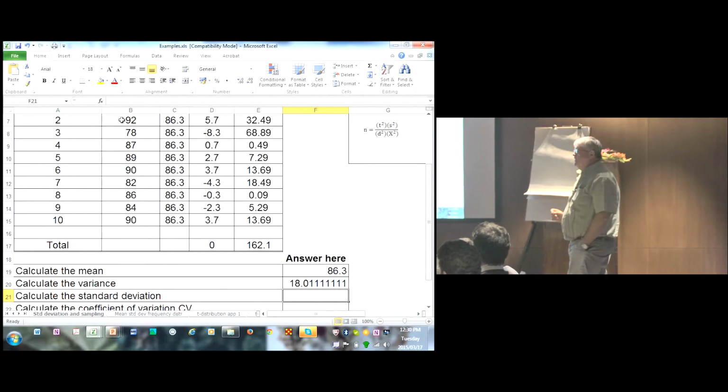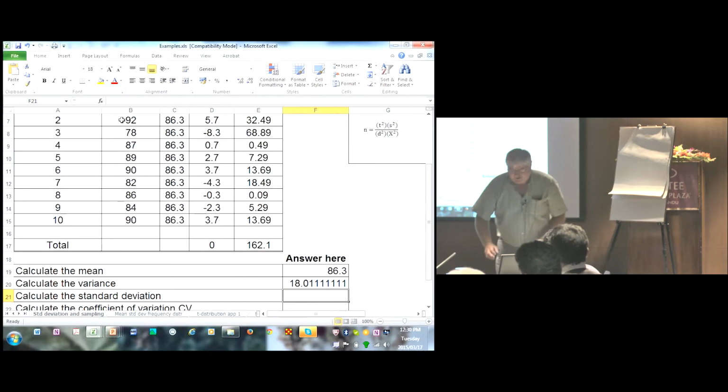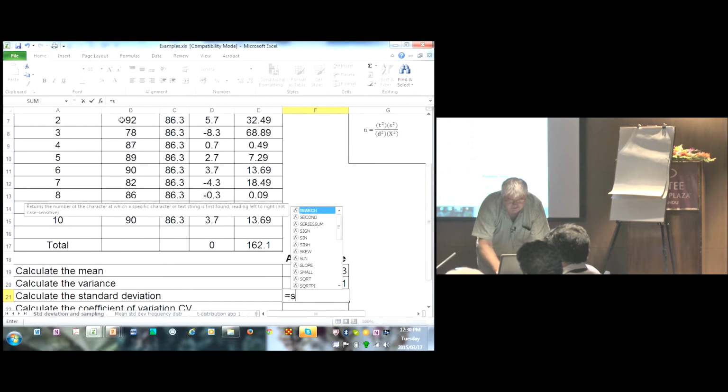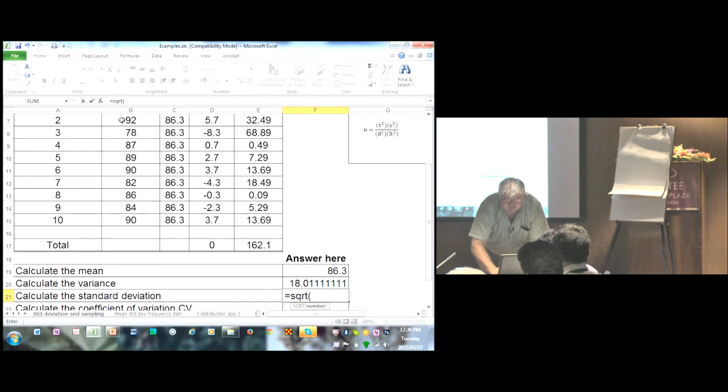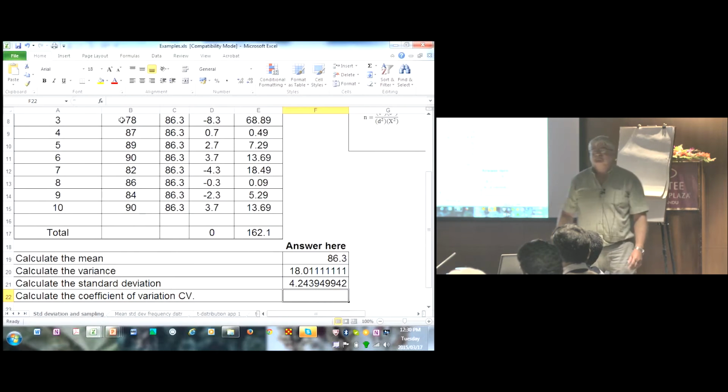Now the standard deviation, I said very simply, is the square root of the variance. Because we did all the calculations in squares, we want to come back to normal. So I can put in equals SQRT, and that's why I used the abbreviations in the other. And there I have my standard deviation.